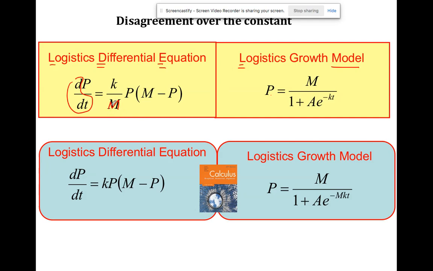But notice that since they eliminate the M in the denominator of the differential equation, it shows up in the denominator of the growth model, right? So I tend to, and I have always used this one. They are the same, I promise. You'll get the same math, same graphs, everything.